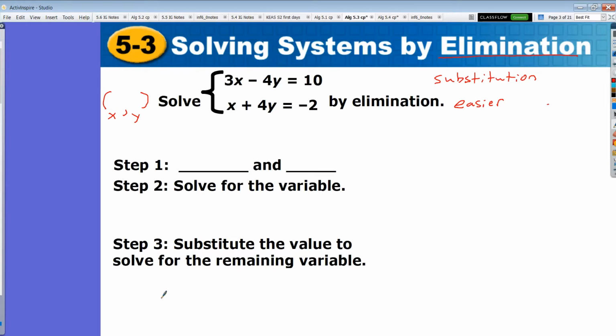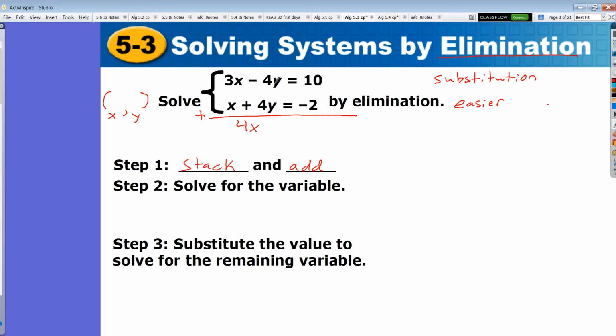So step number 1 is stack and add. All right, so these equations are stacked up on top of each other. So now we're just going to add them together. All right, so I'm going to add up my x's and my y's and my numbers over here. So if I have 3x plus 1x, that's going to get me 4x.